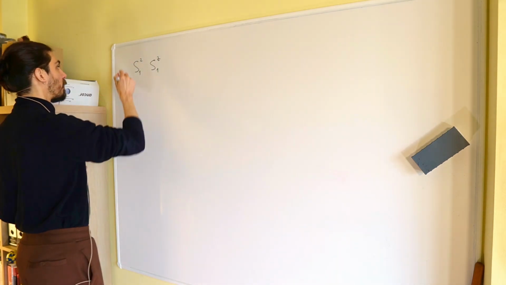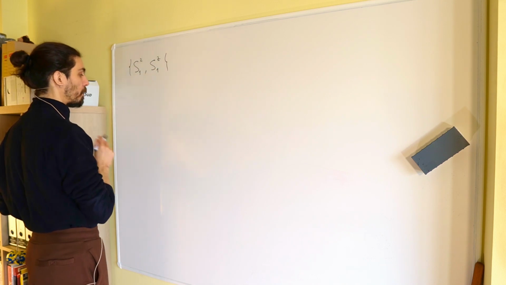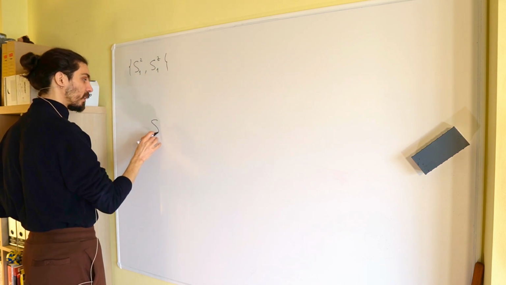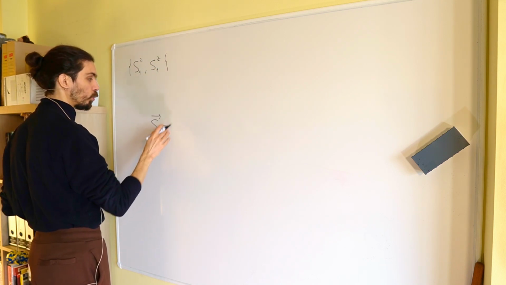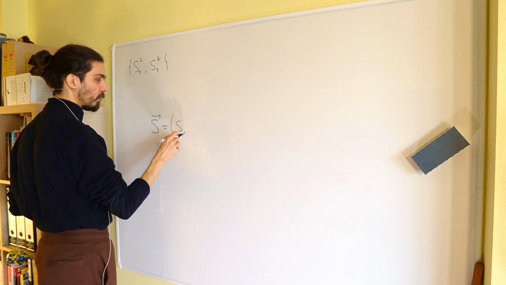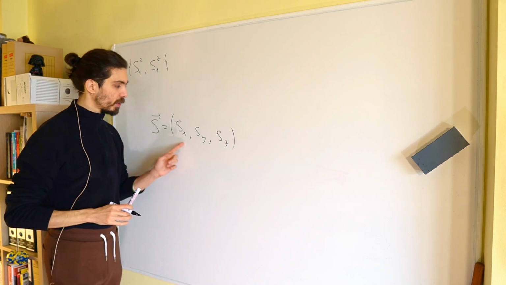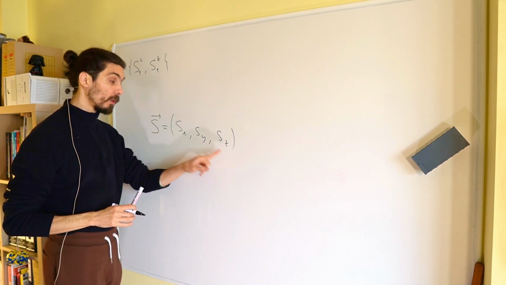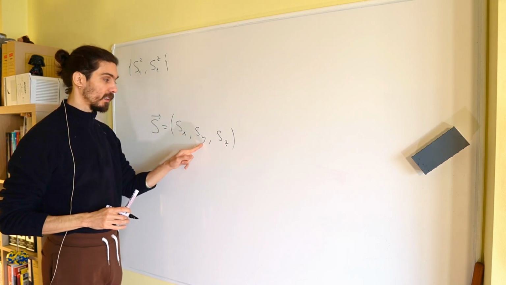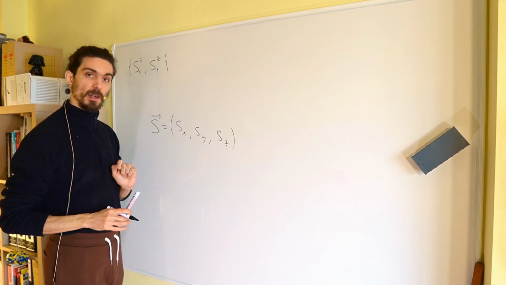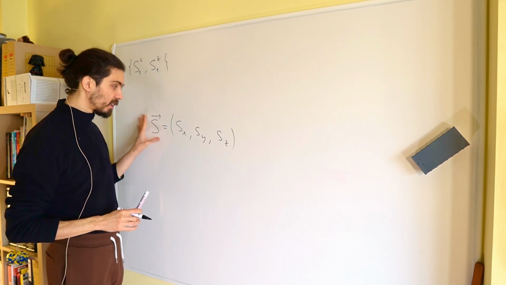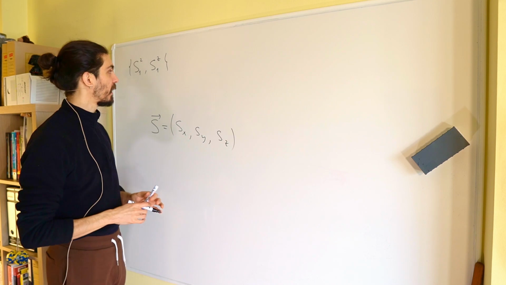Just recall from the last lecture that I introduced this operator, whose entries are the three components. Each one of the components of this vector is an operator that describes the intrinsic spin angular momentum of that electron.